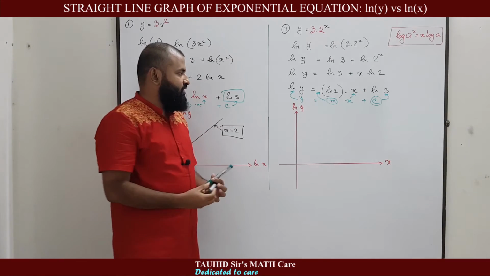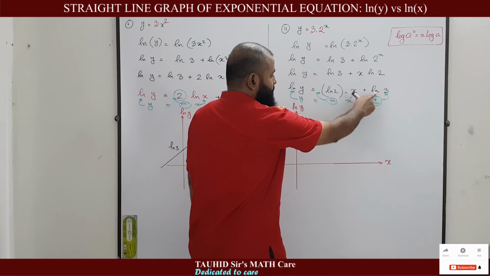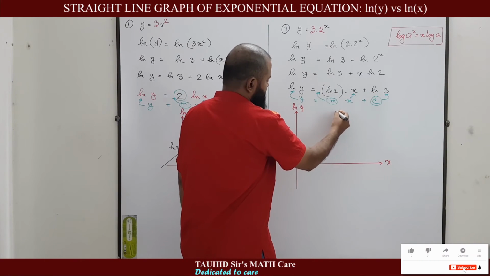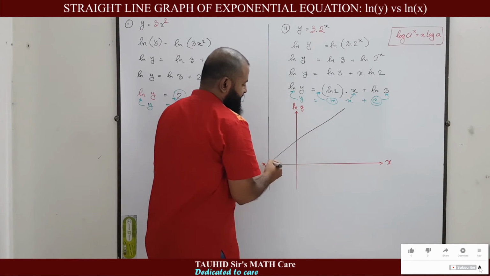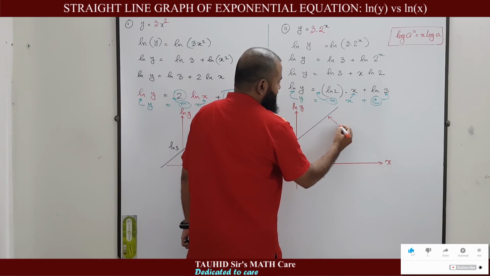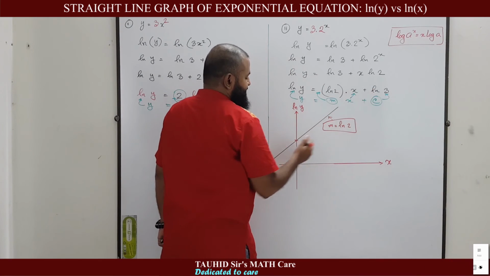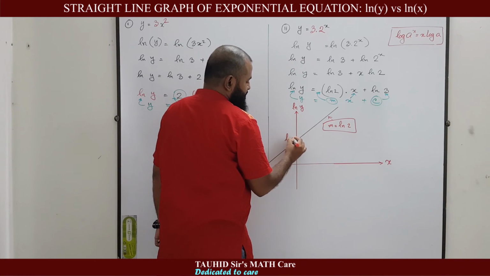So the straight line will be in which shape? The y-intercept is positive and the gradient is also positive. So the straight line will be like this. So the gradient of this line is m equals ln 2 and the y-axis intercept is ln 3.